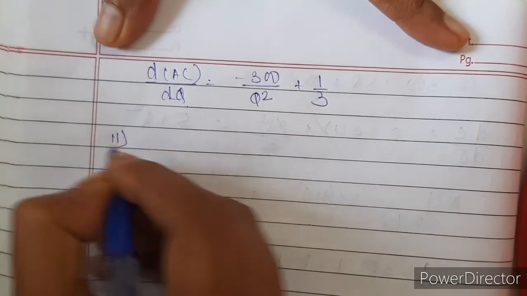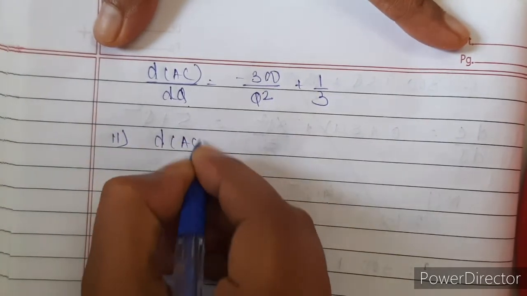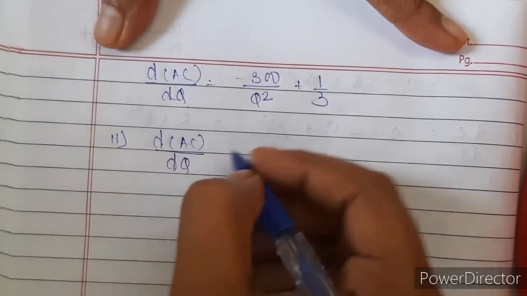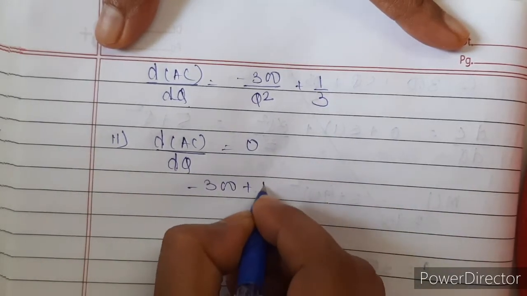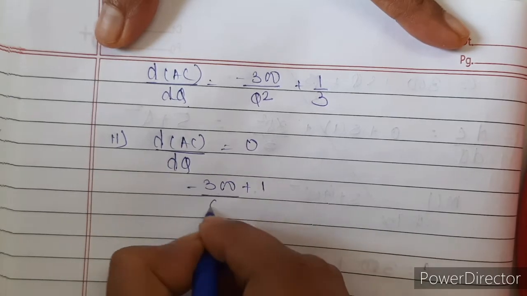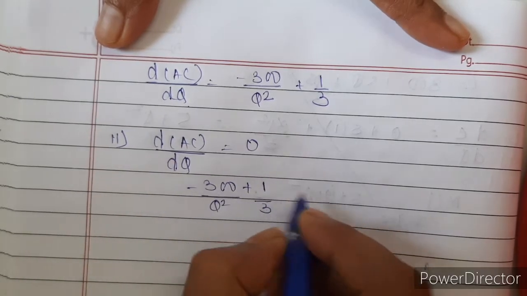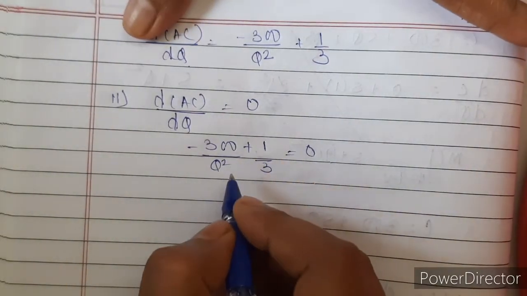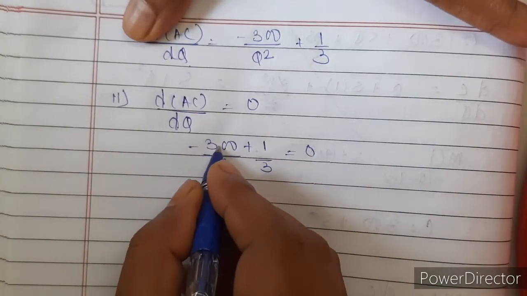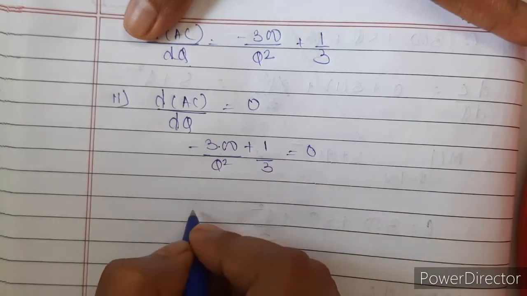So we got the derivative of average cost with respect to quantity produced. Now the second step is we have to equate it to 0 and find the value of Q. So minus 300 by Q square plus 1 by 3 is equal to 0. Taking LCM, we multiply this by 3 and this by Q square.